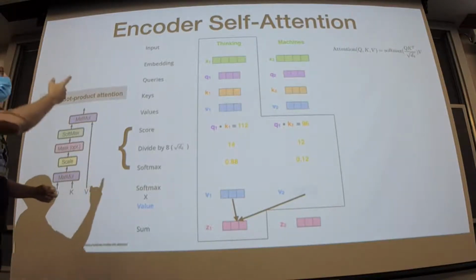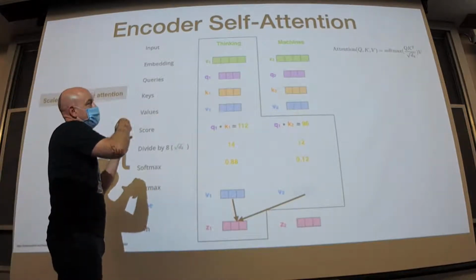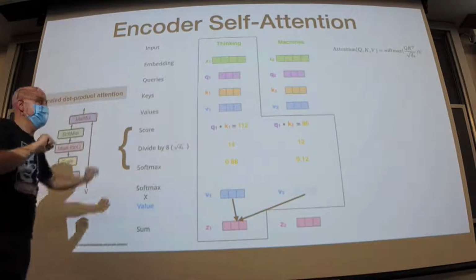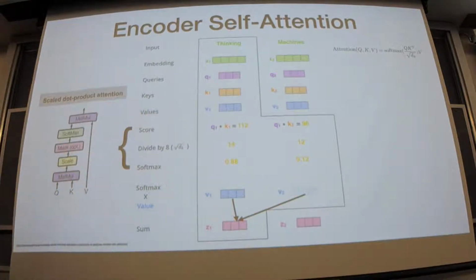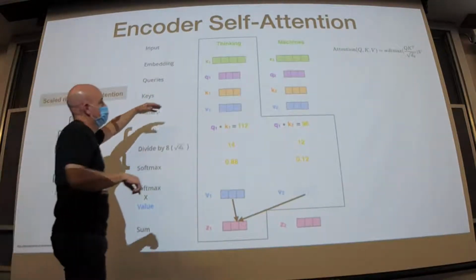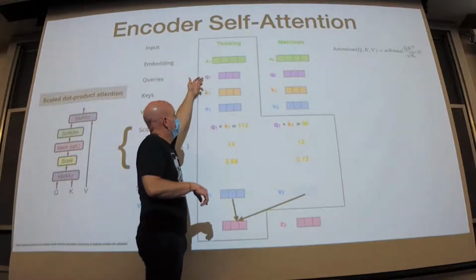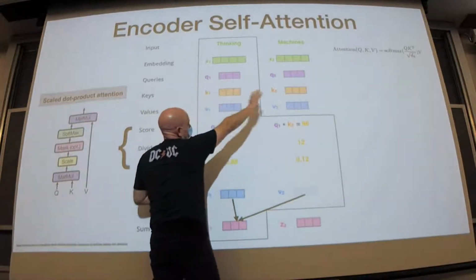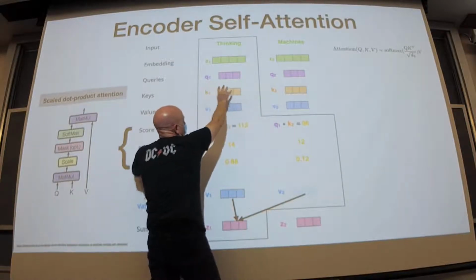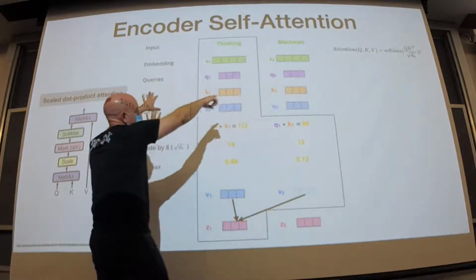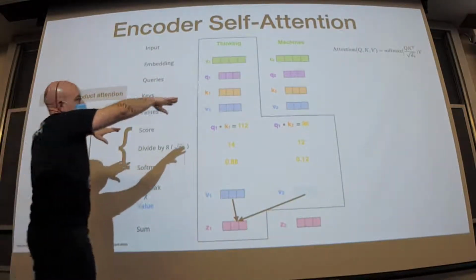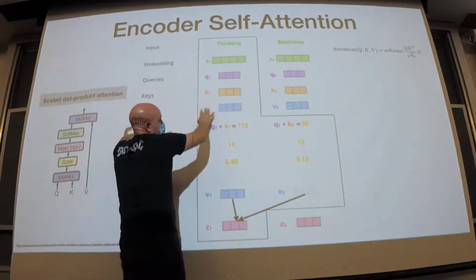Remember, these are the output of multiplying the input times the weight matrices. Once we've done that, depending on the dimensionality, this matrix Q would be like 2 by 3, so 2 rows, 2 queries, each of size 3. Same thing for the keys, same thing for values.